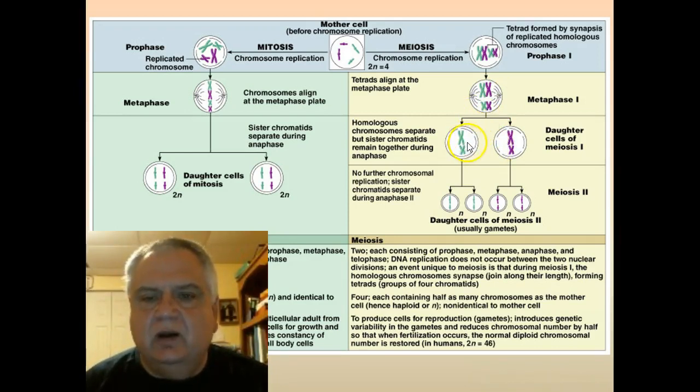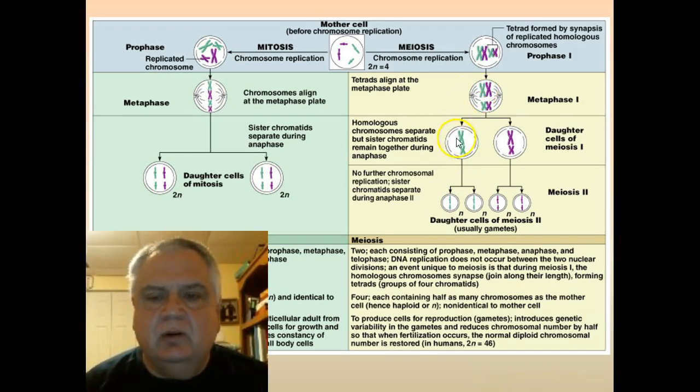Well, you can see here that two green chromosomes were pulled to one side, two purple chromosomes were pulled to the other side. So when the daughter cells form, what do they get? They get one duplicated copy of the long purple chromosome in this case, and one duplicated copy of the short purple one. And this daughter cell receives one long duplicated green and one short duplicated green.